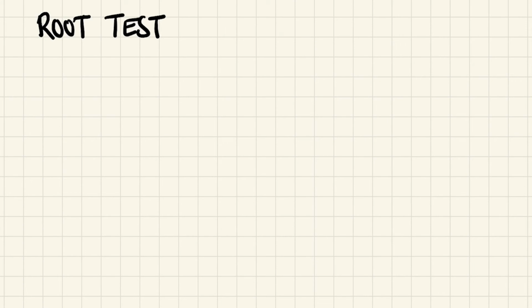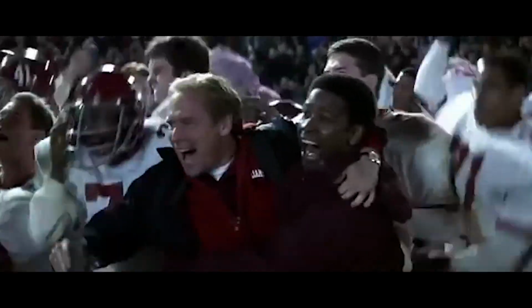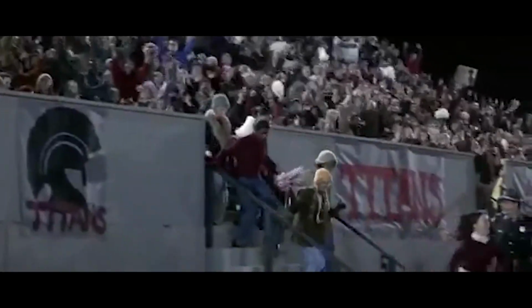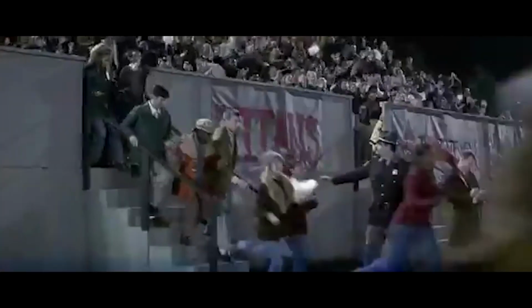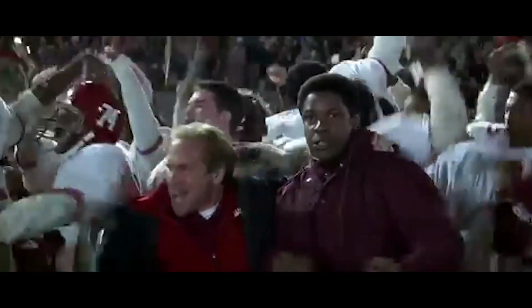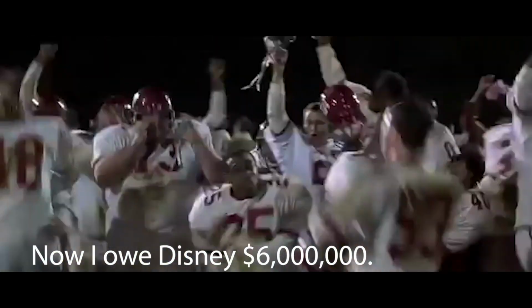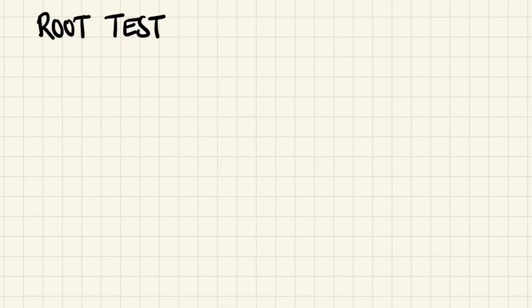Okay, so the root test is our very last test we're going to learn. It pretty much does exactly the same thing the ratio test does, but it just grabs that number a different way.